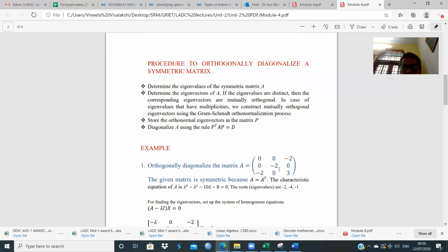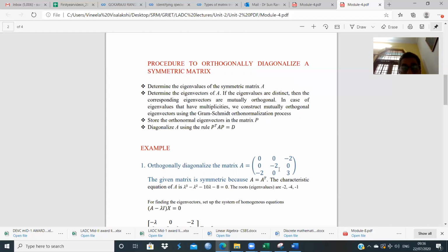That is, suppose we have lambda 1 and lambda 2 which are distinct, then the corresponding eigenvectors x1 and x2 will be mutually orthogonal. But when there is an eigenvalue with a multiplicity, that is when it's repeated, there is a possibility of building eigenvectors which may not be mutually orthogonal, but that should be avoided.